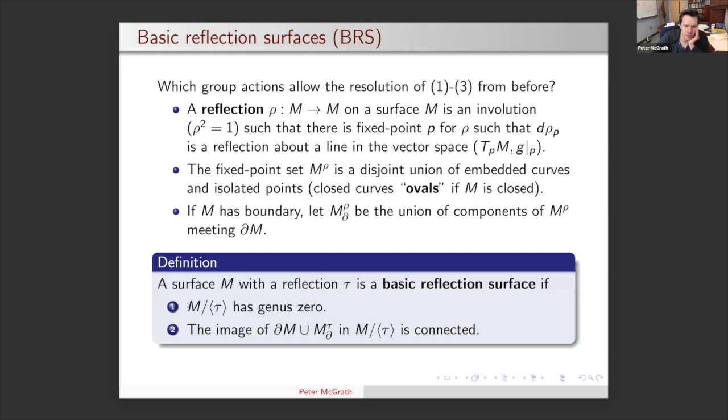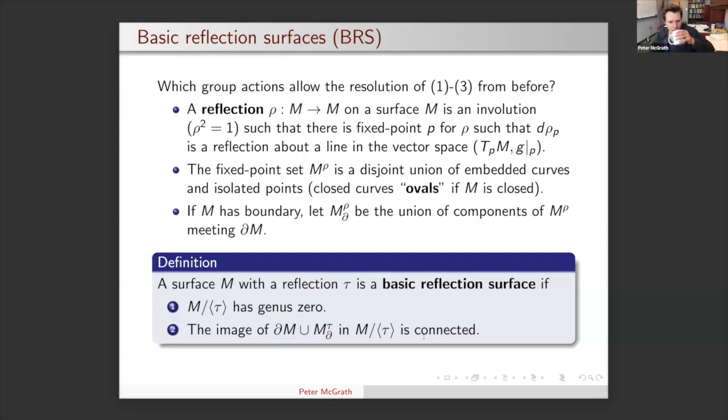So first is just that the quotient by the order 2 element just has genus 0. And the second, which is vacuous if we're a closed surface, so it only matters if we have boundary, is a little bit more technical, but it's that if we take the union of the boundary and all the fixed point curves that meet the boundary, and look at its image in the quotient, that's connected.